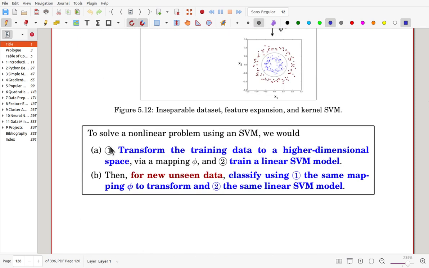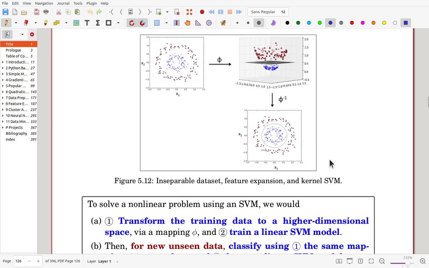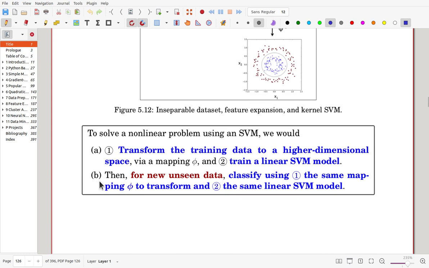To solve a nonlinear problem using an SVM, we transform the training data to a higher dimensional space using a mapping phi and train a linear SVM model. The hyperplane is the result of a linear SVM. At the test stage, for new unseen data, we classify using the same mapping phi and the same linear SVM model.